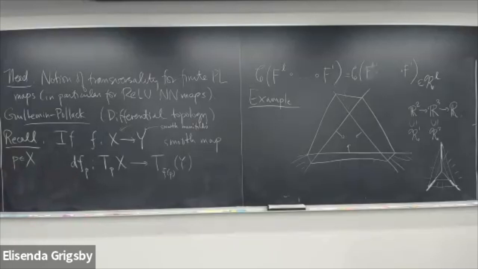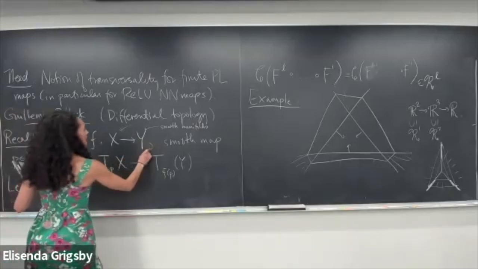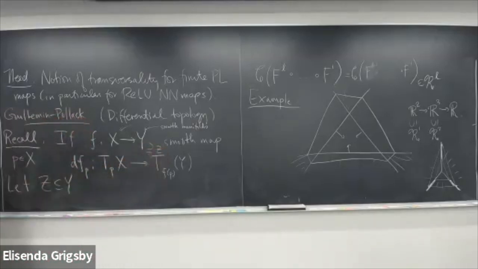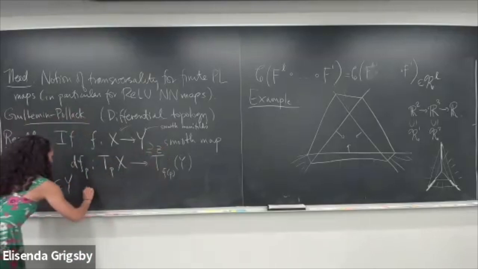Okay, and now let Z in Y, so Z is sitting in the codomain, be a smoothly embedded submanifold.